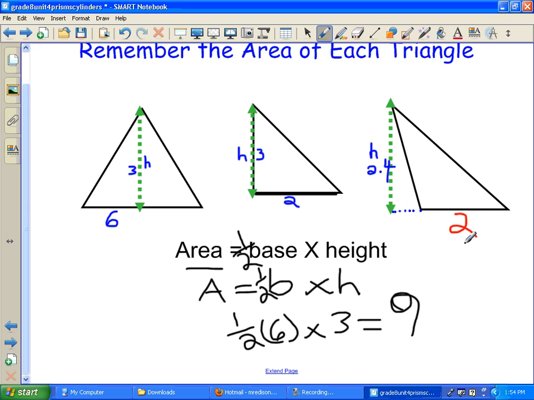For this one here, half of the base is right here. Half of that is 1, times it by the height, and the height goes from here to here, is 2.4. So 1 times 2.4 will give you 2.4. So that's the formula for the area of a triangle, or all this space inside a triangle.